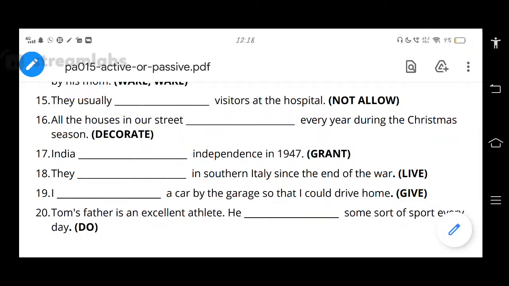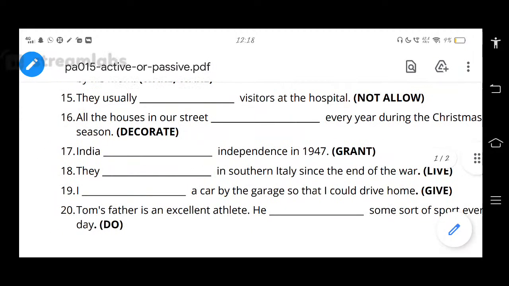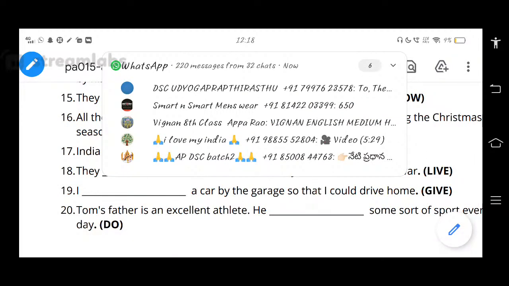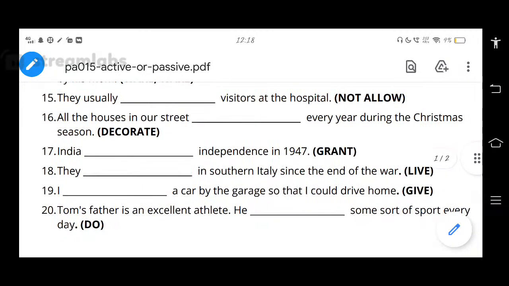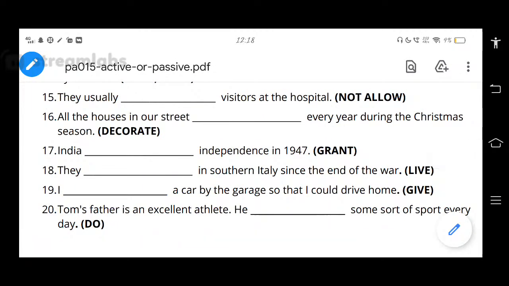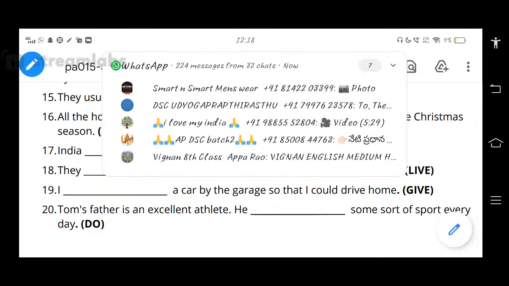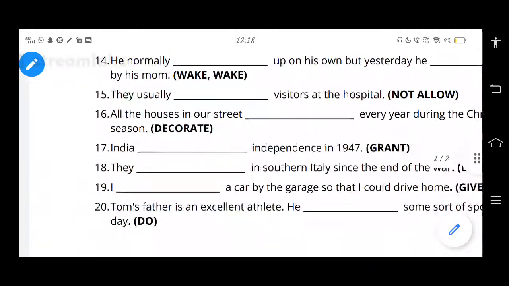Here in the 19th example, the subject is I, but I is the non-doer subject in this sentence. I already gave a clue: car by the garage. So I was given a car. I was given a car by the garage.